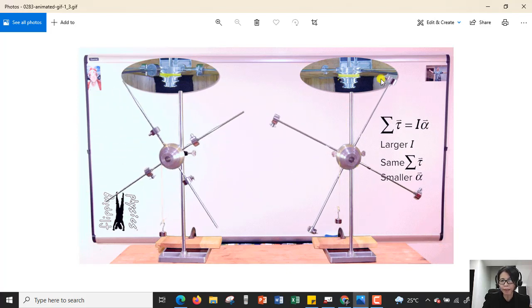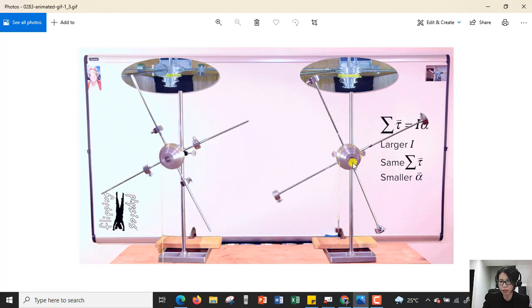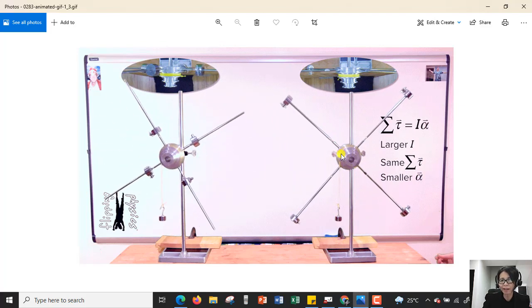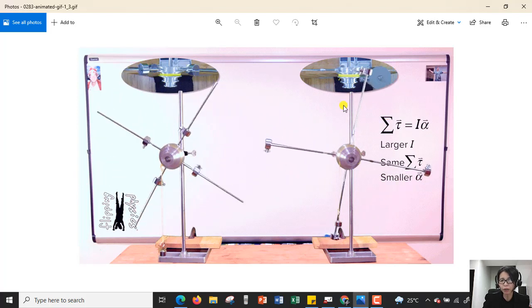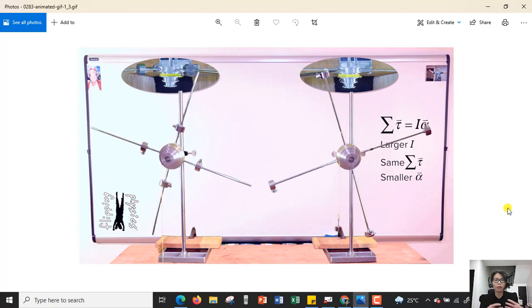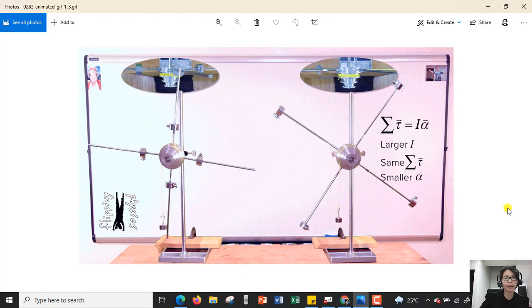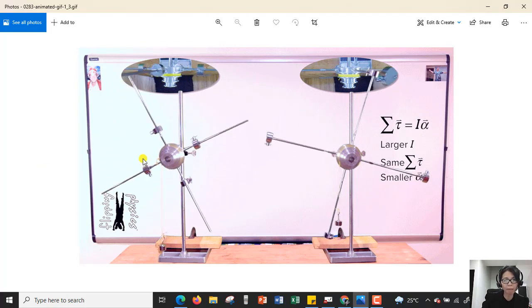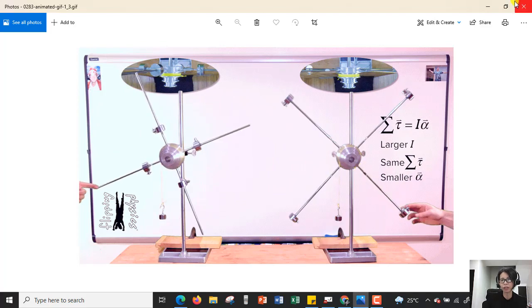The one on our right side, the mass is further away from the axis of rotation, so it has a greater or larger moment of inertia, and the object is hard to rotate. So whether an object is easy or hard to rotate depends on the moment of inertia, and the moment of inertia depends on the mass and also the distribution of mass from the axis of rotation.